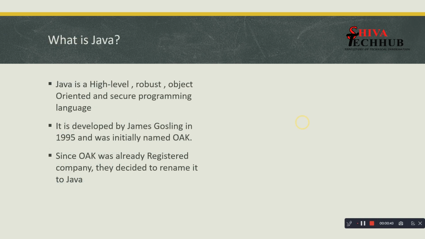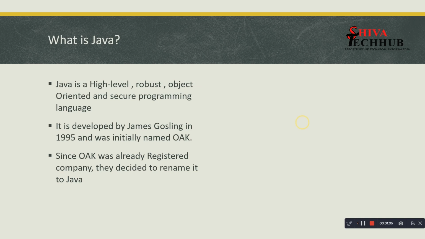First, let us understand what actually is Java. Basically, it is a high level, robust, object oriented and secure programming language. In the future slides, we'll be looking at why we call it high level, robust and object oriented, and what kind of security features it provides.